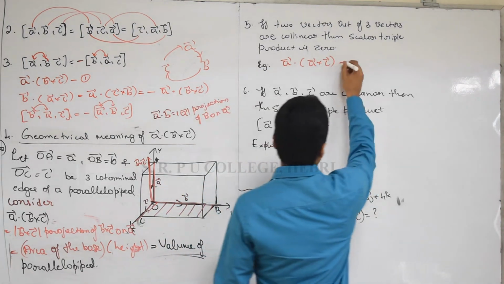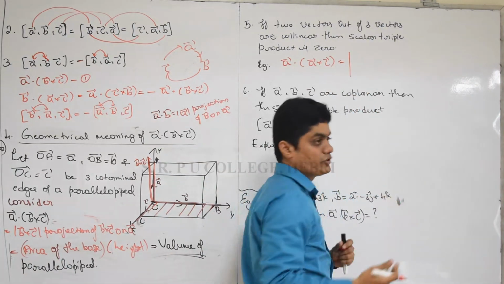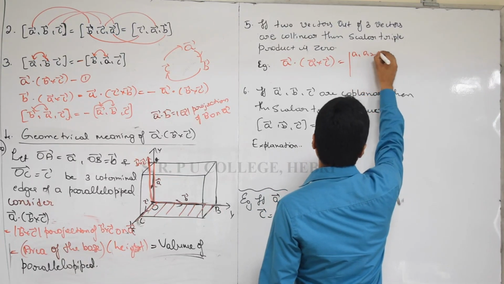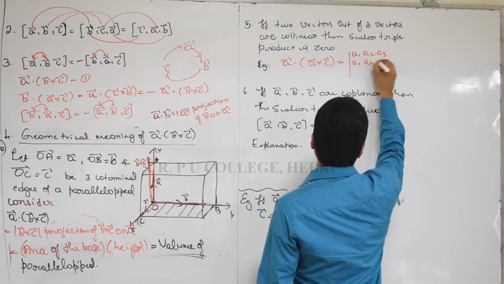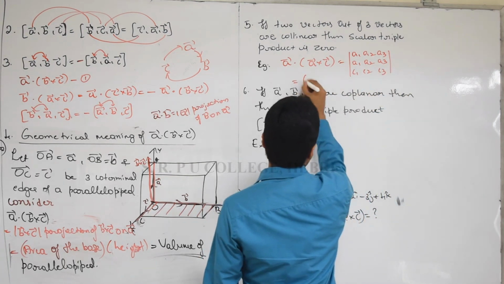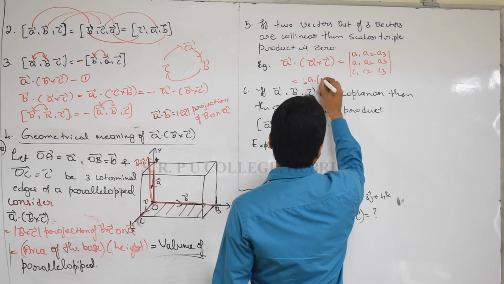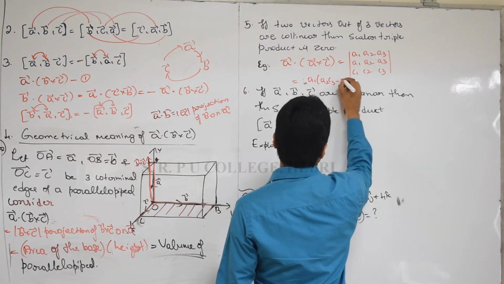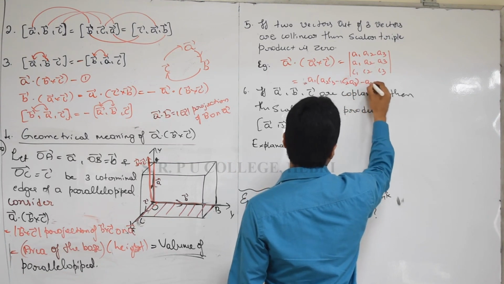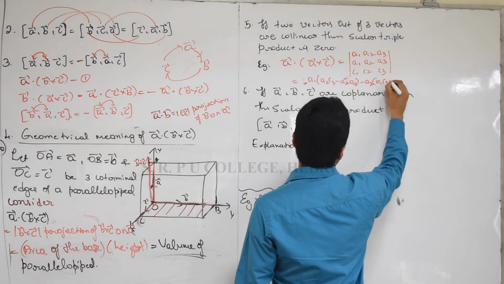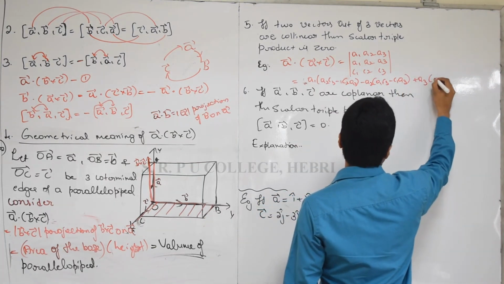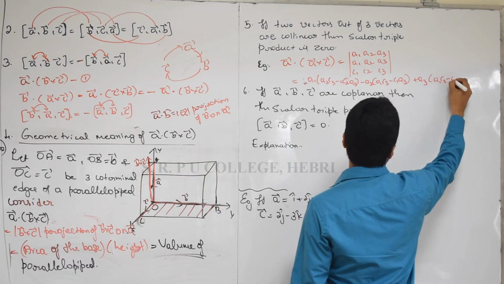According to the definition, suppose the components are A1, A2, A3, B1, B2, B3 and C1, C2, C3, then it is nothing but the determinant with rows A1, A2, A3, A1, A2, A3 and C1, C2, C3. Expand and see what comes. A1 into (A2 C3 minus C2 A3) minus A2 into (A1 C3 minus C1 A3) plus A3 into (A1 C2 minus C1 A2).